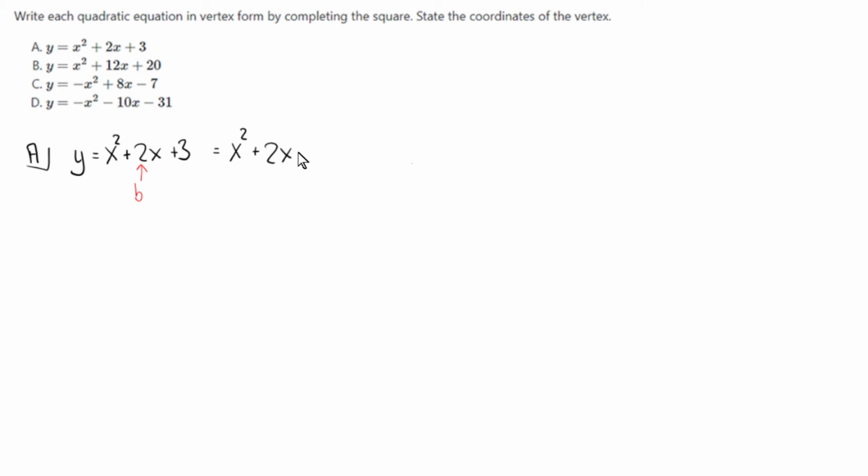Then we take the coefficient b, which is 2, divided by 2, and we square it. We have added it to the first two terms, and then we're going to subtract it from the first two terms. So effectively, we're not changing the trinomial at all. We're adding and subtracting the same quantity. And then at the end, we still have the plus 3.